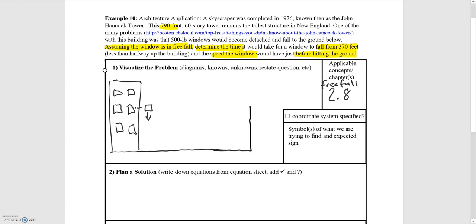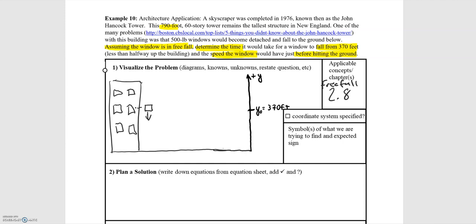So I'm going to choose the upward direction to be the positive y direction. Of course, you can have downward as positive. That's totally arbitrary as long as you stay consistent. The next thing I'm going to fill in is that about halfway up the building where the window starts to fall is 370 feet.